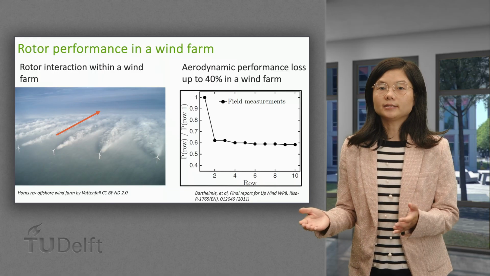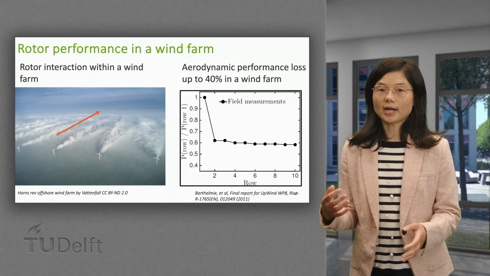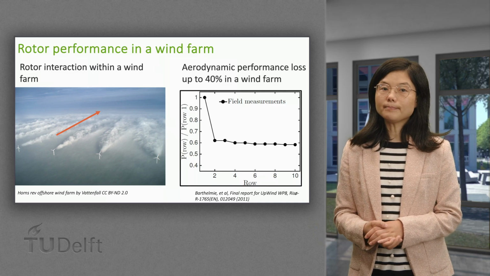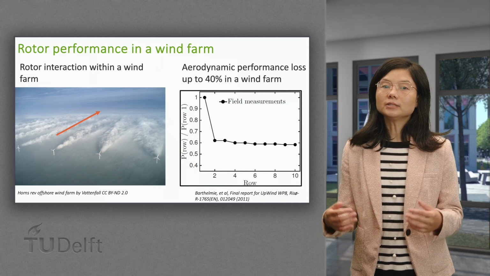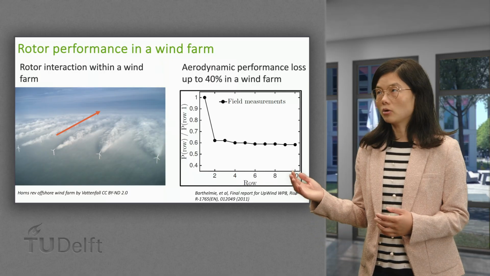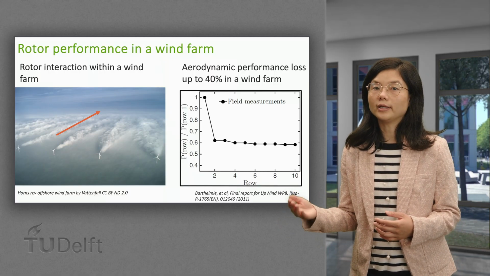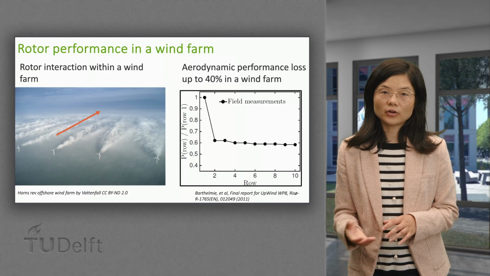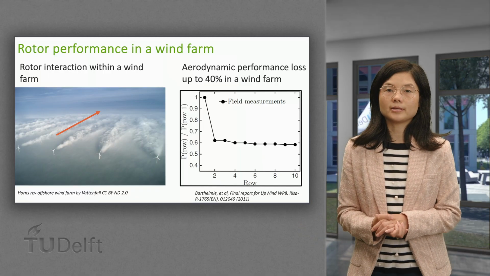The extent and the nature of these wake interactions depend on several factors: the spacing between the turbines, the wind directions, the turbine's operational conditions like yaw and pitch, and the surrounding atmospheric conditions such as turbulence intensity.